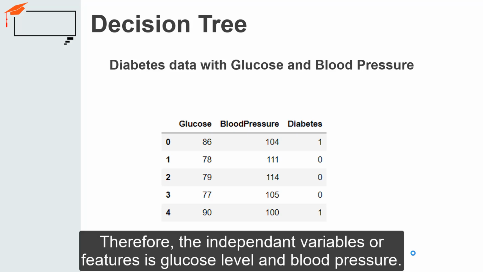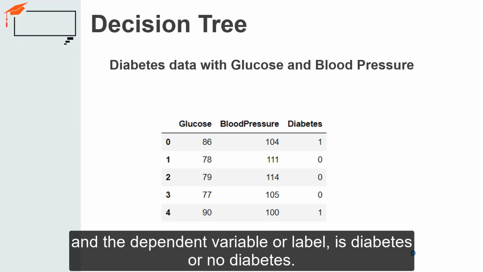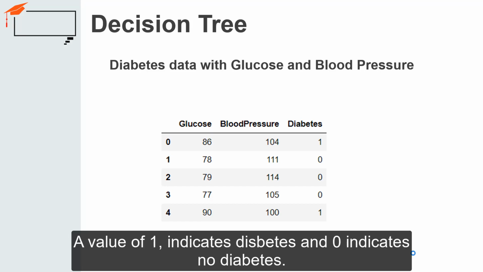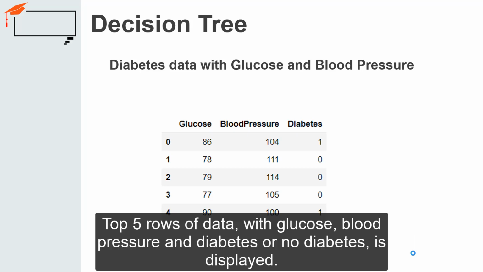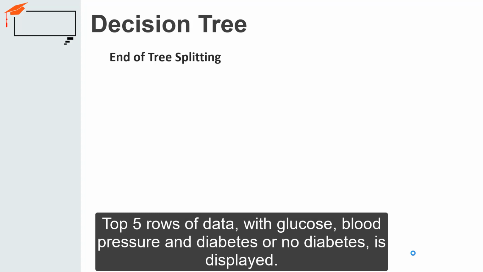Therefore, the independent variable or feature is glucose level and blood pressure, and the dependent variable or label is diabetes or no diabetes. A value of 1 indicates diabetes and a 0 indicates no diabetes. A snapshot of the sample data is shown on the screen. Top 5 rows of the data with glucose, blood pressure, and diabetes or no diabetes is displayed.